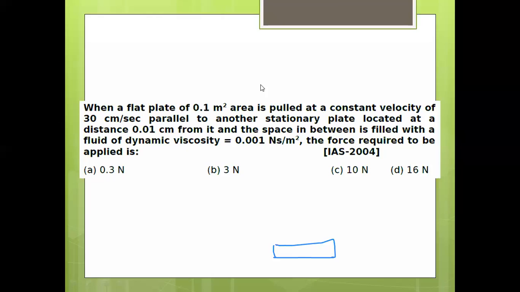Indian Administrative Services and Indian Engineering Services are two different examinations. In the IAS examination, if a technical kind of subject is there, it might have been asked.